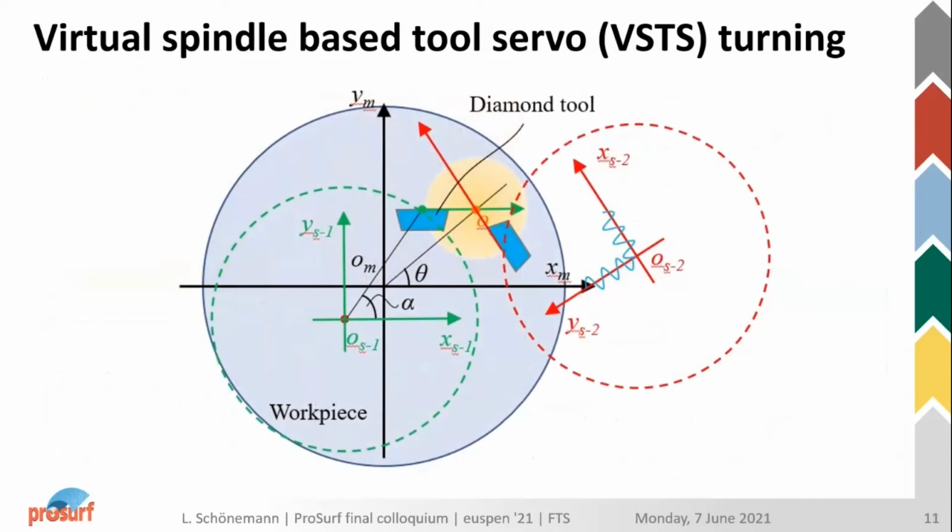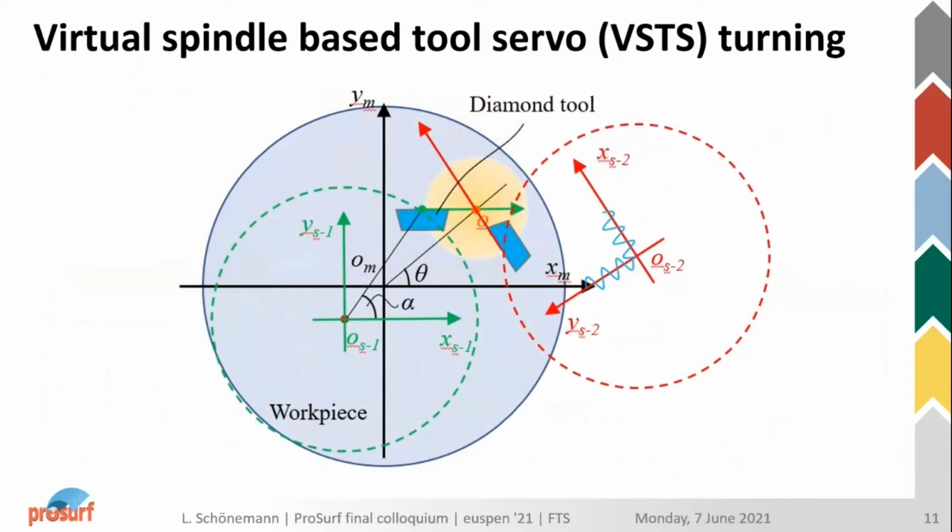Another process that we considered, especially in Hong Kong, is the virtual spindle-based tool servo turning. This is a technology that's not very much like the fast tool servo turning that I've shown earlier, but actually the fast motion is generated by other linear axes in this case.